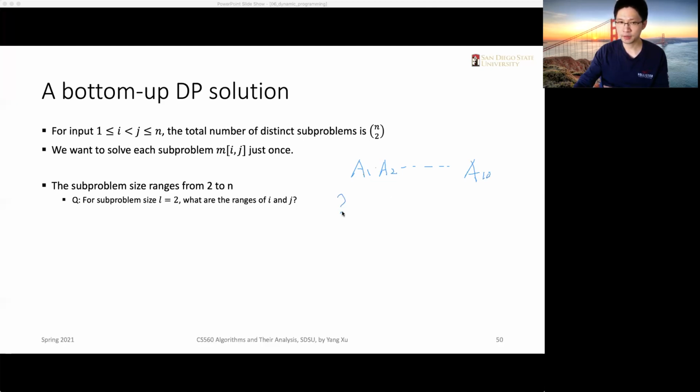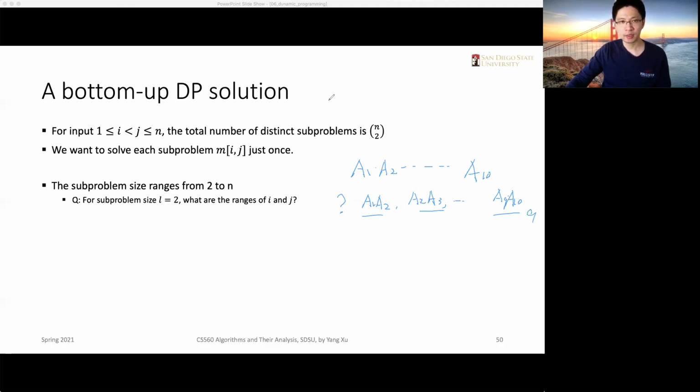We look at A1 times A2, that is one instance, and A2 times A3, A3 times A4, and the last one is A9 times A10. That's what we mean by the subproblems of size 2. So how do we count that? In this case it's 9.